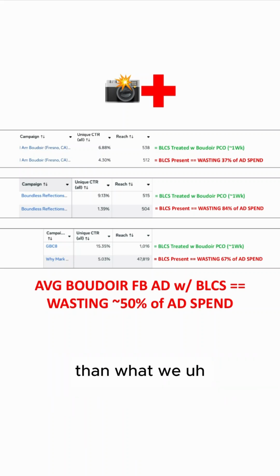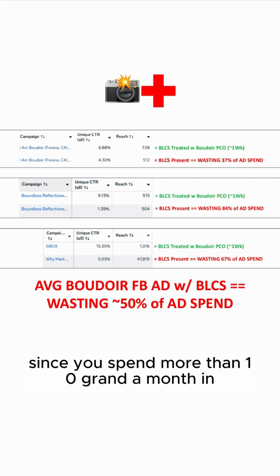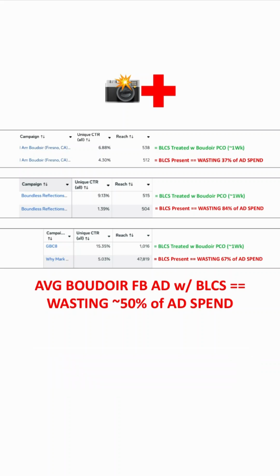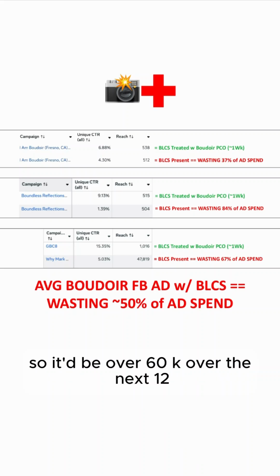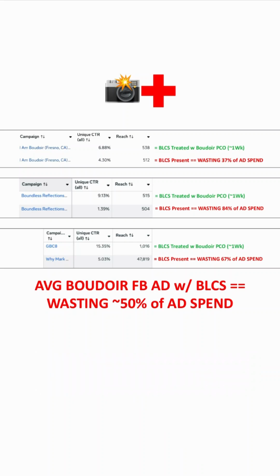If you spend more than 10 grand a month with Facebook ads, we can eliminate approximately 5K of that per month, put that back in your pocket, you no longer got to spend it. So it'd be approximately 60K over the next 12 months.